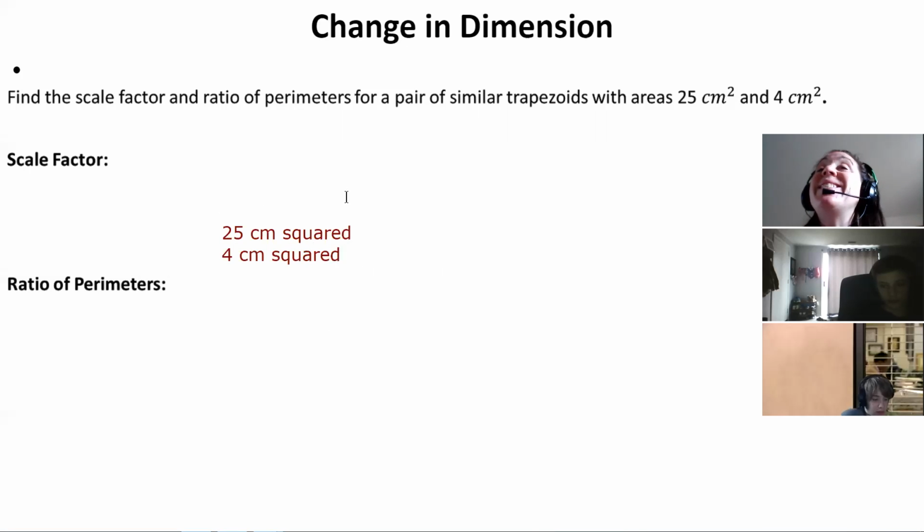Now this is an area one. So that means the original scale factor and the original perimeter ratio was squared. So how would I work backwards to figure out what they squared in order to get that? Because I have to work backwards so I can get a scale factor.